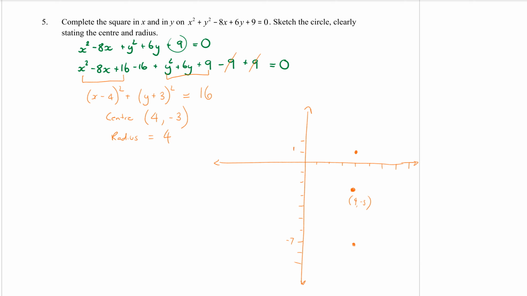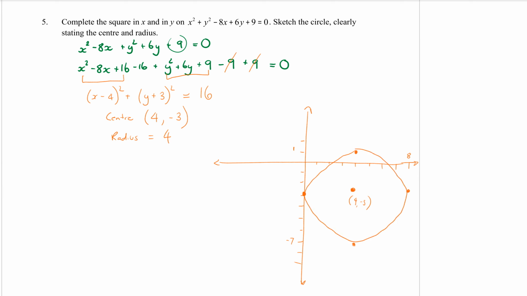I'm going to go 4 spaces to the left, 1, 2, 3, 4, which puts me right on the axes, and 4 spaces to the right, 1, 2, 3, 4, which will put me at 8. So I can connect that up as best I can to make a circle.